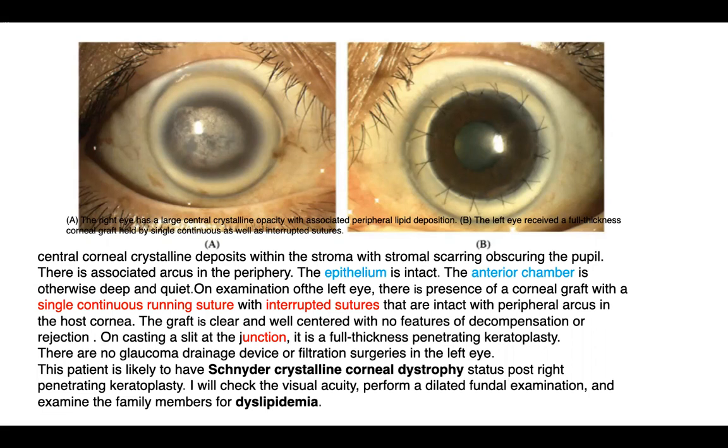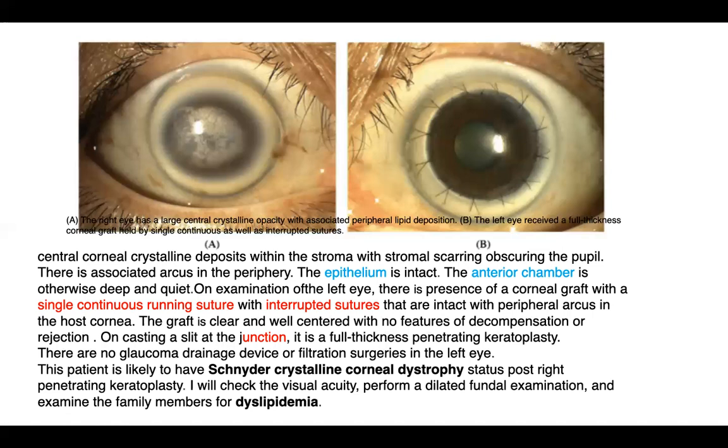Continuous running sutures, and there are also some interrupted sutures. Okay, the sutures are interrupted and continuous, and they are intact. The wound is coapted, no gaping, the graft is clear and well centered, no sign or feature of decompensation or rejection.